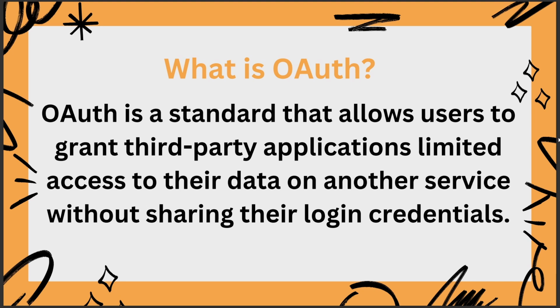On a lot of applications or websites, you can log in using either Google or Facebook or any other social media platform, for example like GitHub as well. Then you can log in using Google, but Google does not share the login credentials with that application. So this is what is important to understand.